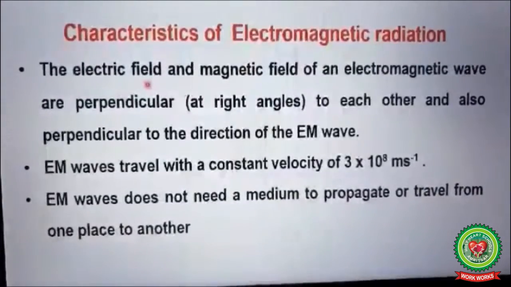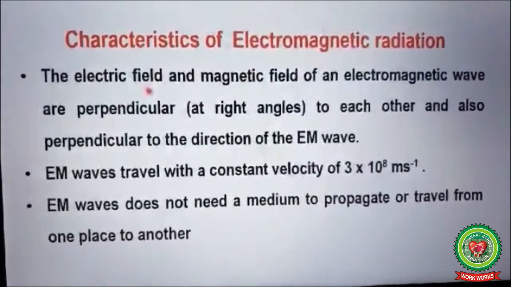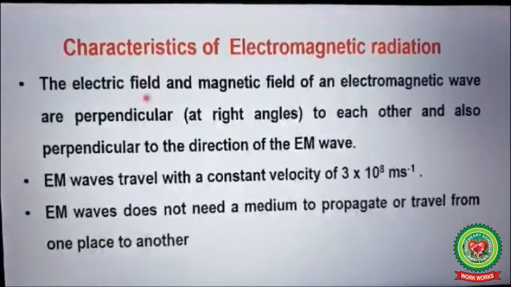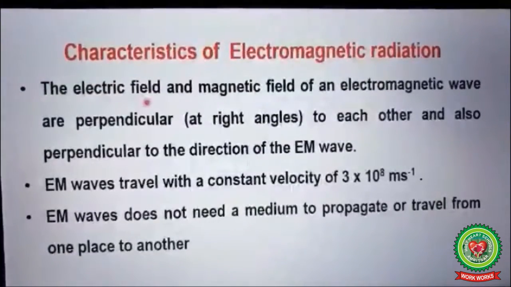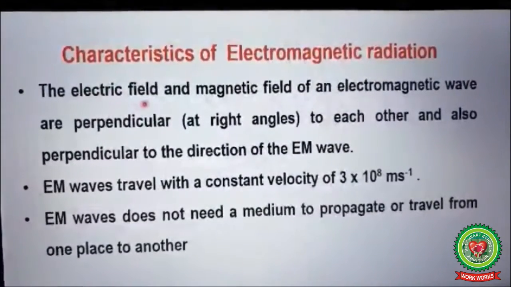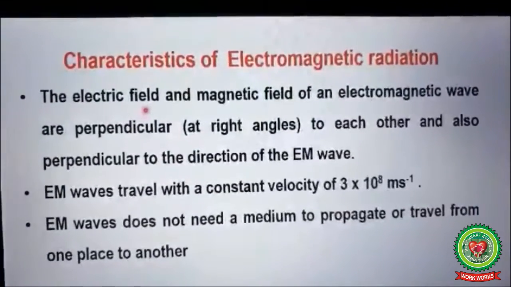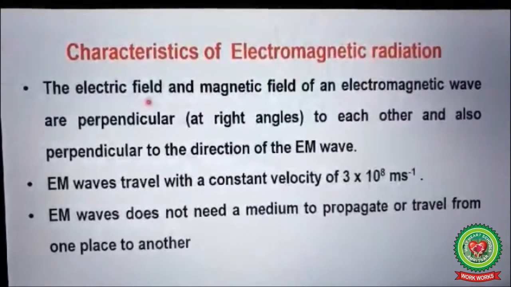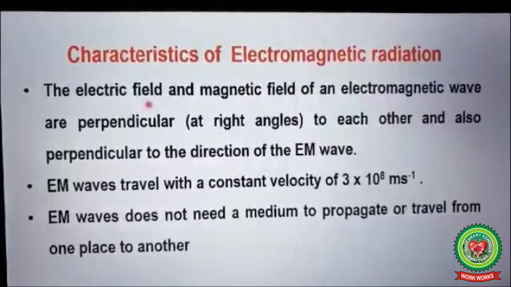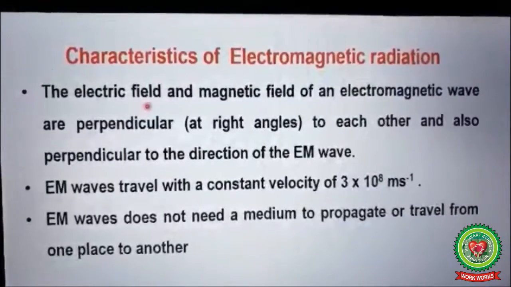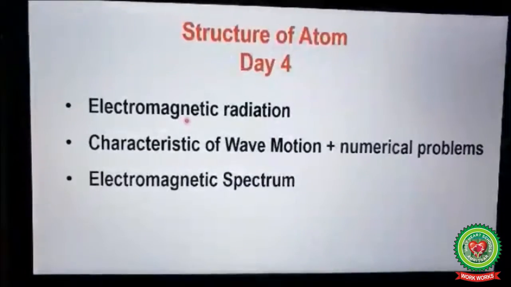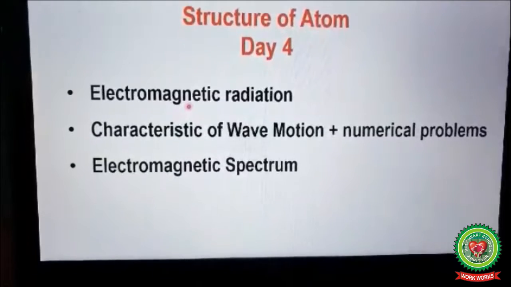For example, if sound waves need to travel, they require a material medium such as air. Water is a material medium for water waves. Similarly, a solid can be a material medium for vibrations to travel. But electromagnetic radiation can travel without a medium as well. This was all about electromagnetic radiation.